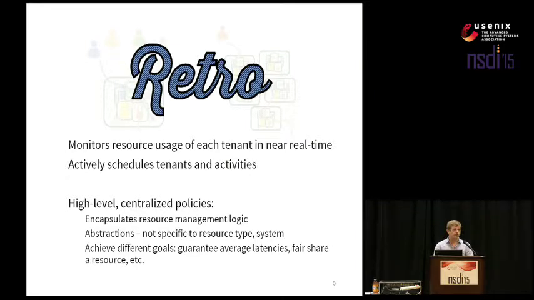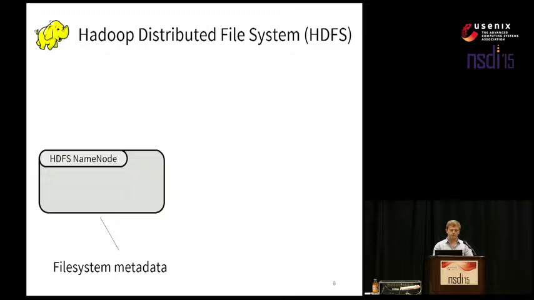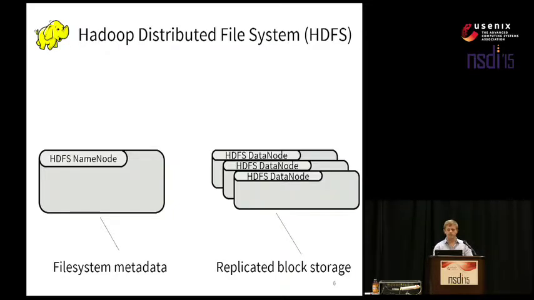To make things more concrete, I'm going to demonstrate an example in the context of the Hadoop file system. For those unfamiliar with HDFS, it comprises a central name node, which manages the file system metadata, and multiple data node processes, which store the actual file data. A file in HDFS is split into several blocks, and those blocks are dispersed among the data nodes of HDFS.